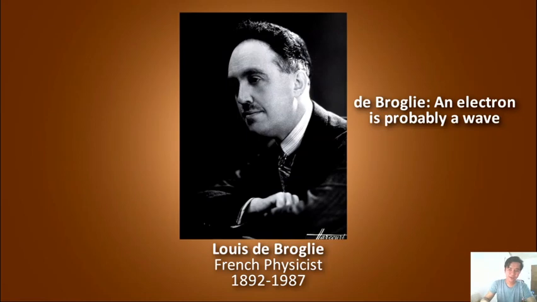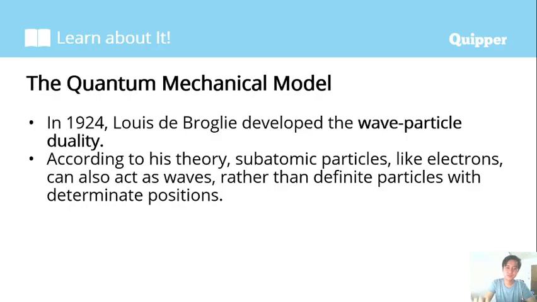Louis de Broglie, who is a French scientist, said that if a particle has a momentum and it has a wavelength, then the electron can probably exist as a wave. So, this gives birth to a new model called the quantum mechanical model of the atom.